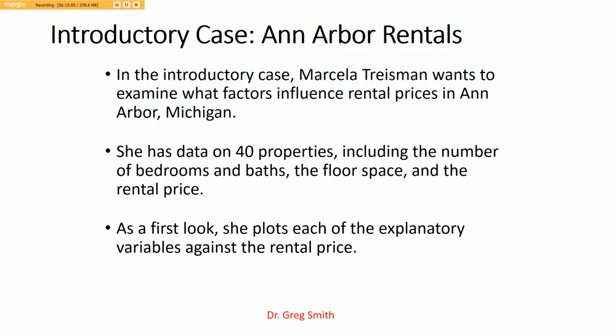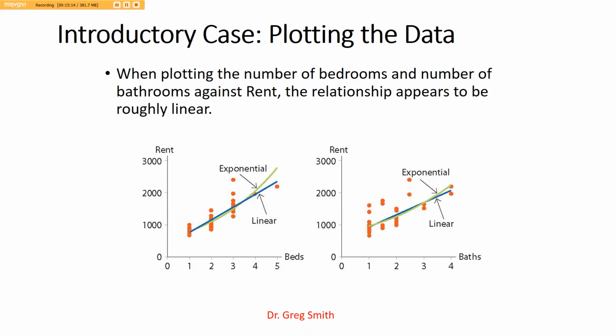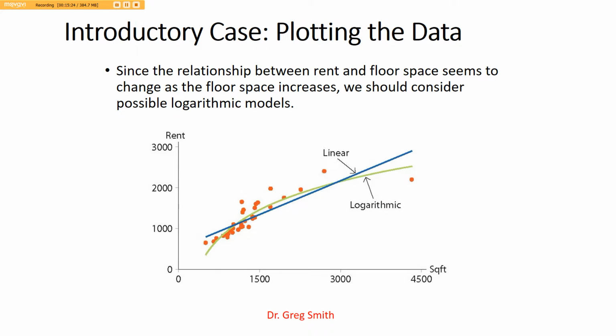Going back to the Michigan problem with the properties, we had 40 properties. We knew the number of baths and bedrooms and floor space, and we looked at rental price. Well, after doing a little bit of work, plotting beds against rent, plotting baths against rent, it looked like those models might be more linear, maybe a little exponential, but when we looked at square feet versus rent, it became a little bit logarithmic.